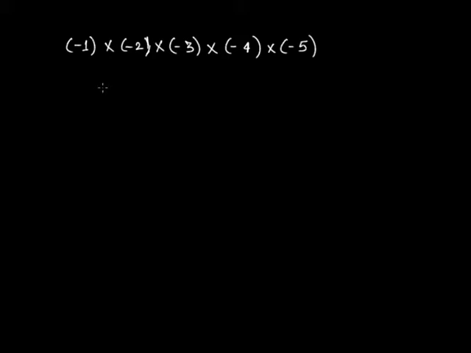Therefore, the result will have the minus sign. So just put a minus sign here and 1 times 2 times 3 times 4 times 5. So 1 times 2 is 2, 2 times 3 is 6, 6 times 4 is 24, and 24 times 5 is 120. So this will be the answer.